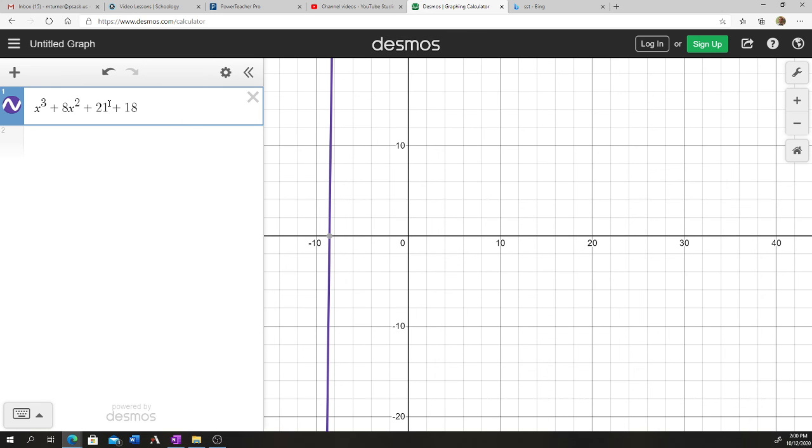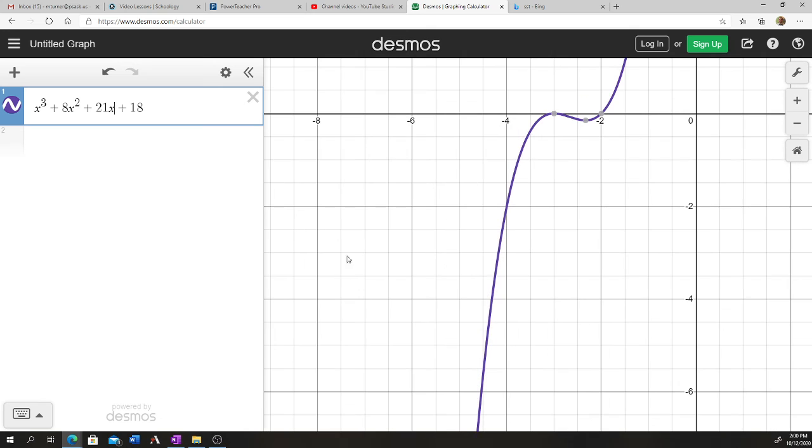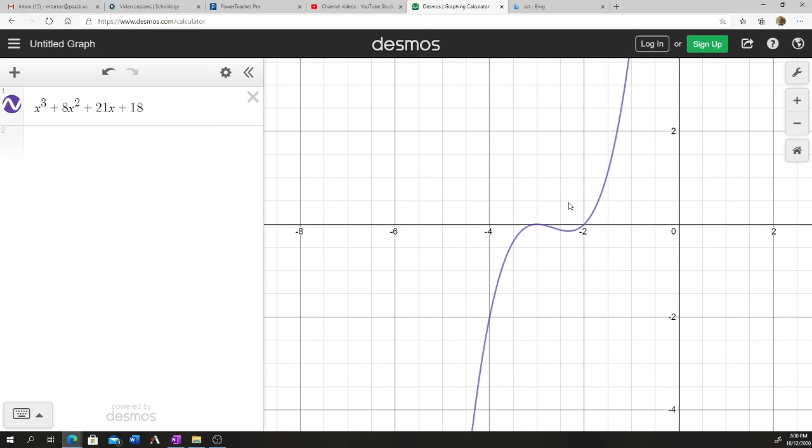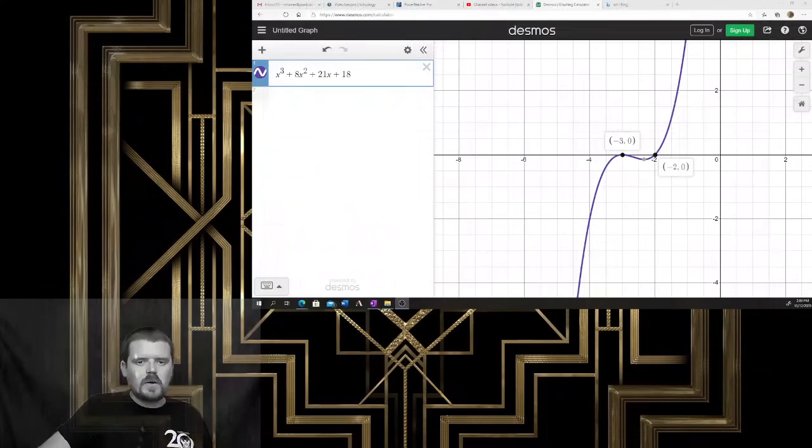Then if we zoom in, just like we got algebraically, our solutions, or our x-intercepts, are negative 3 and negative 2. So I strongly encourage you not to cheat, but if you're going to cheat anyways, at least understand what these intercepts or solutions mean in terms of the problem, and you can use Desmos to verify.